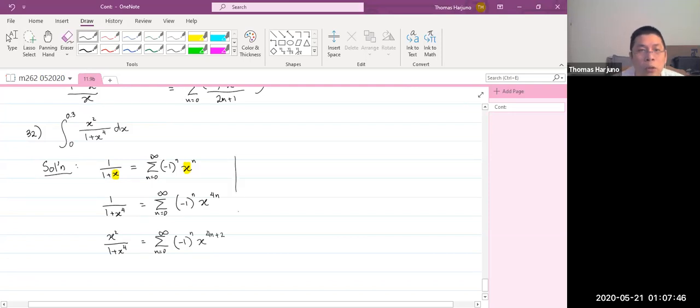So when I integrate that from 0 to 0.3, which is well inside the radius of convergence, that will be the integral from 0 to 0.3 of that series.